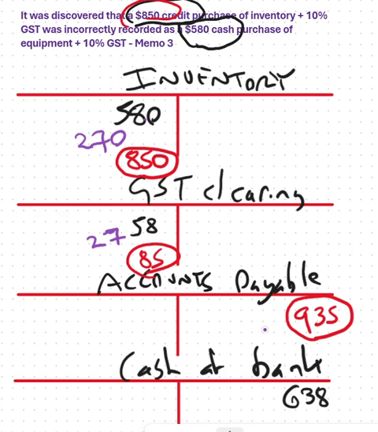So that's just going to require a $935 credit. And we need to reduce this bank to 0. So we're just going to do a $638 debit so that we're back to a 0 balance.